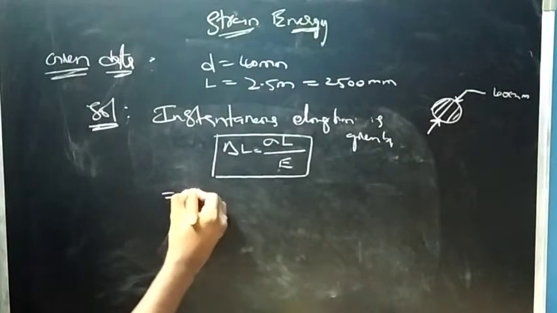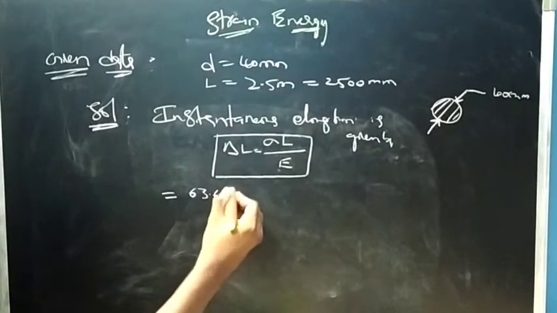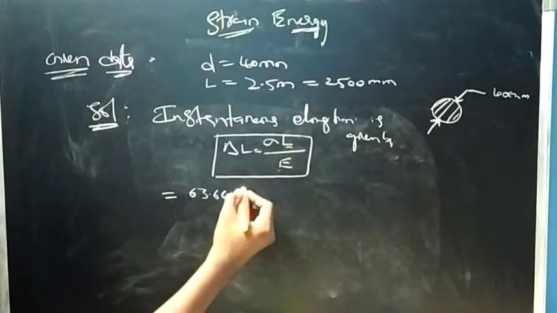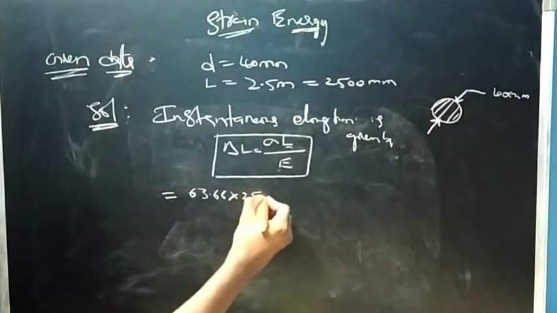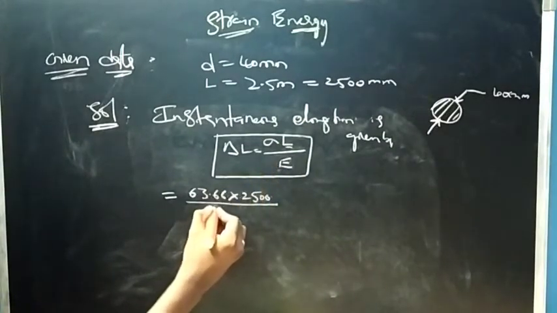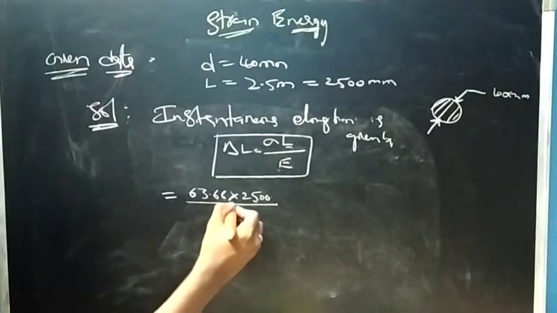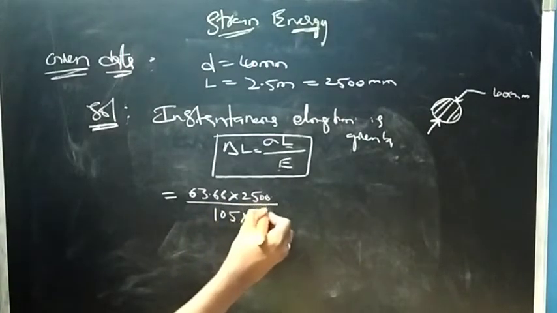We know sigma, that is 63.66, into the length, which is 2.5 meters, that is 2500 mm, upon E, which is given as 105 into 10 to the power of 3.